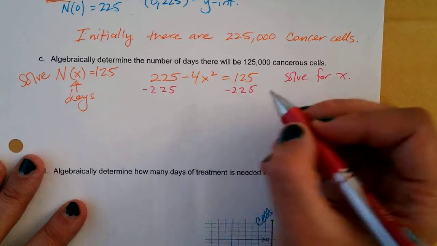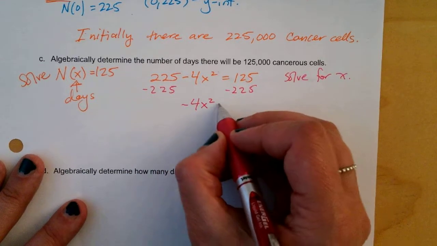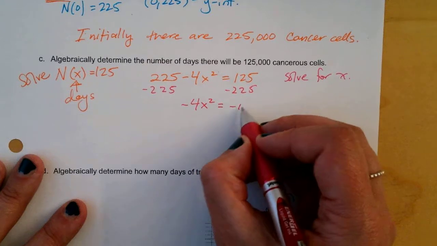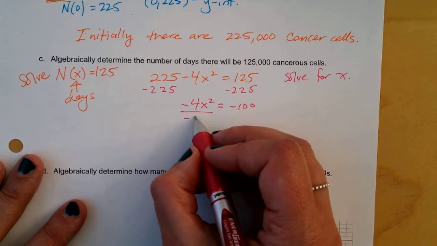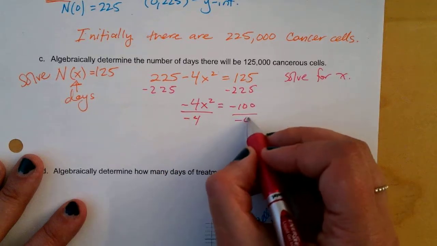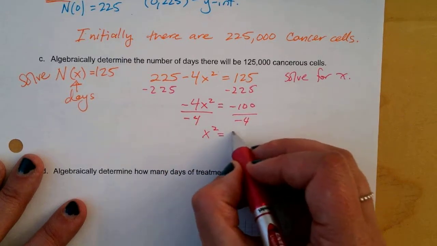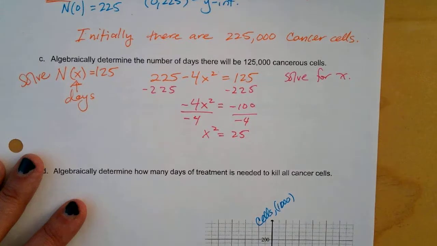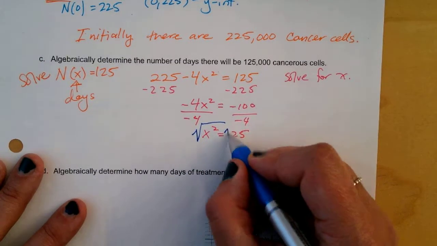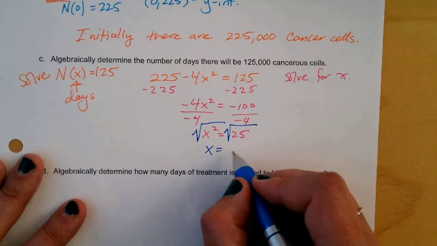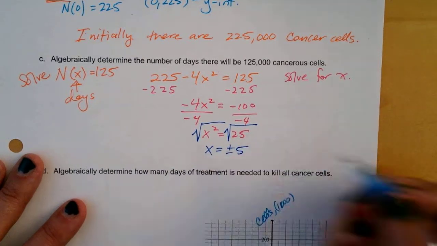If I can get x squared by itself, isn't that negative 100? Divide both sides by negative 4. X squared equals 25. And then what are we going to do from here? The square root. X equals plus or minus 5.